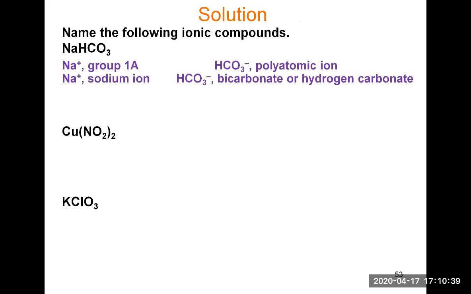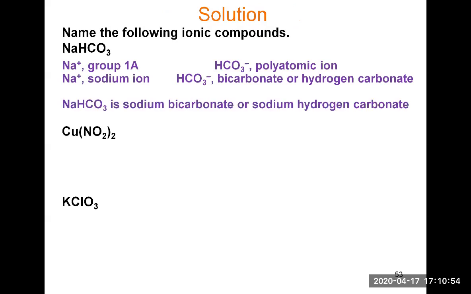So sodium, being in the first group of the periodic table, group 1A, is a predictable ion, so we don't need a Roman numeral. So the name then is sodium bicarbonate or sodium hydrogen carbonate. Both names are correct.